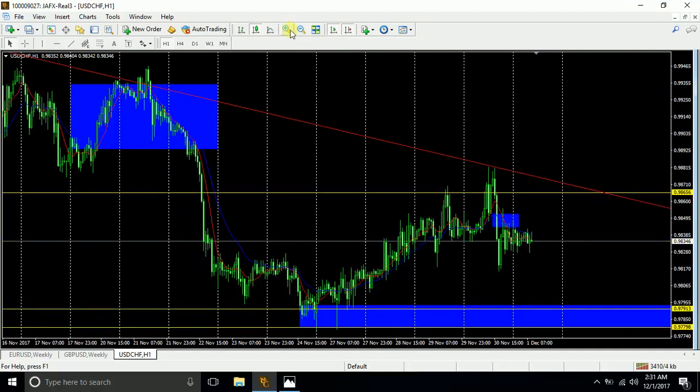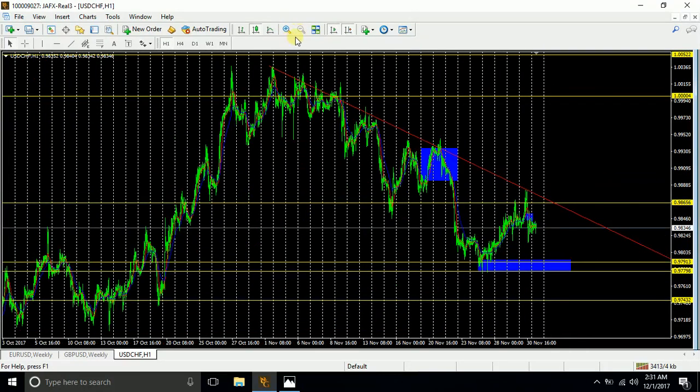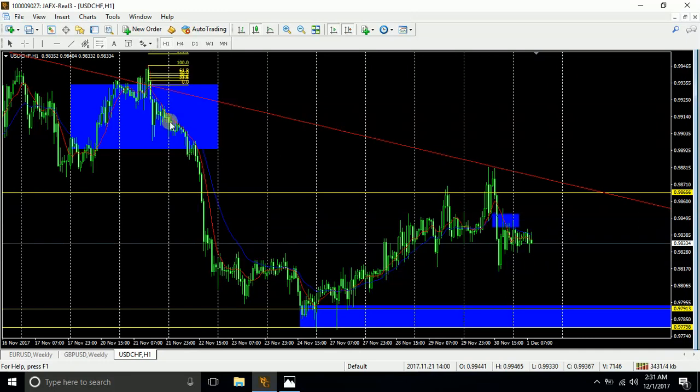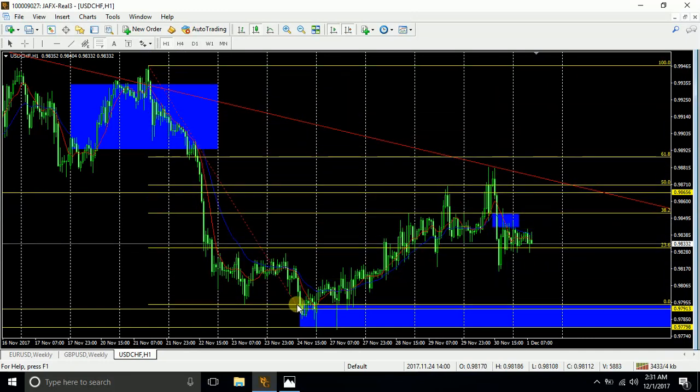But let's add our Fibonacci. Okay. Zoom all the way out. 1, 2. And here we can see that there was a rally from this high to this low. So let's take our Fibonacci and go from this high to this initial low, which is here.